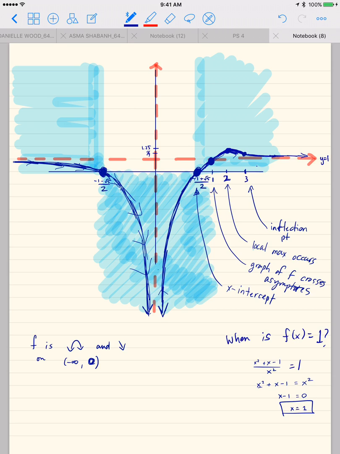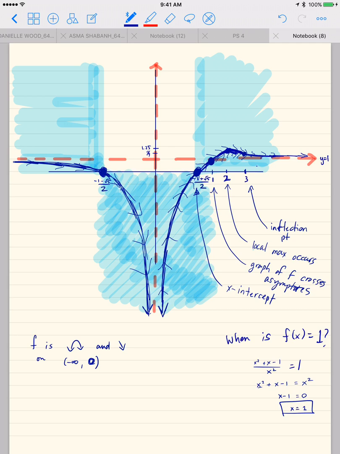Then the function is increasing, but it's still concave down, increasing, concave down, then decreasing, concave down, decreasing, concave up.